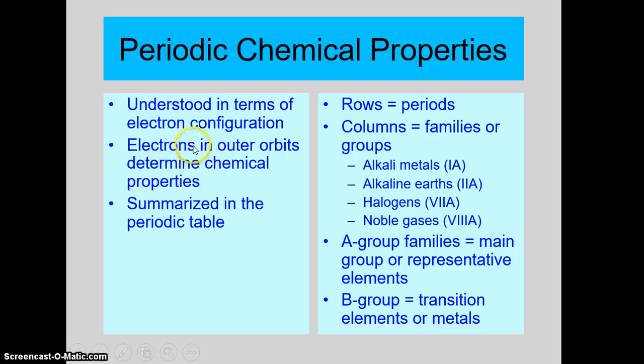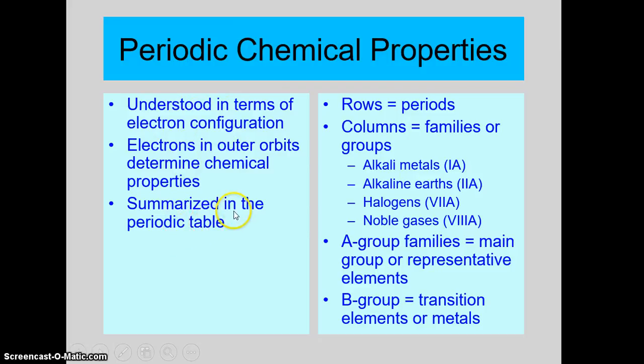And this is really important, especially in chapter 9 when we get to it. Electrons in the outer orbits are what determine the chemical properties. And the whole thing, the electron configuration, is summarized by the periodic table.